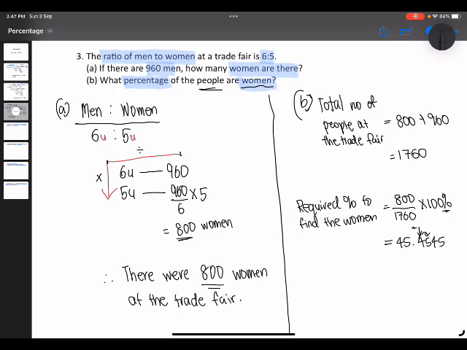It's exactly 5, and you should add 1. So therefore, it is 45.5%, and you will have to write how many significant figures you rounded. So the percentage of women is 45.5.